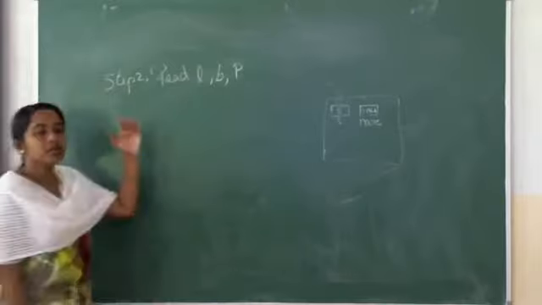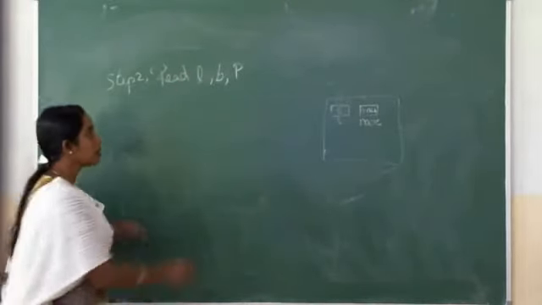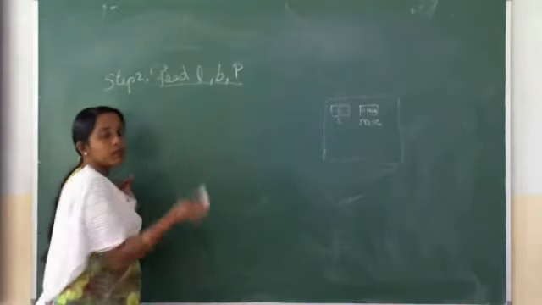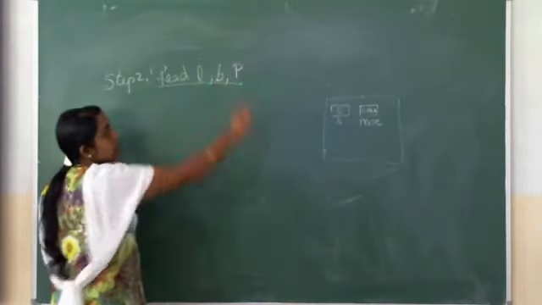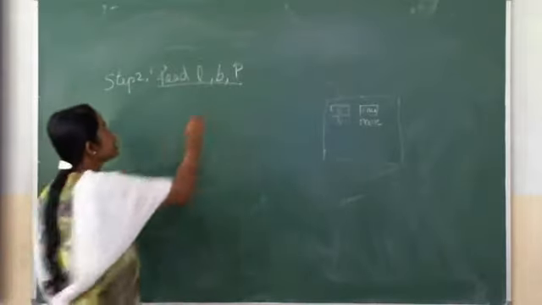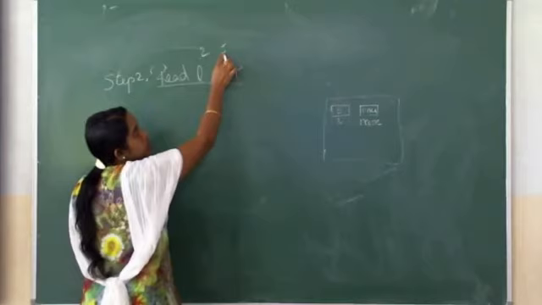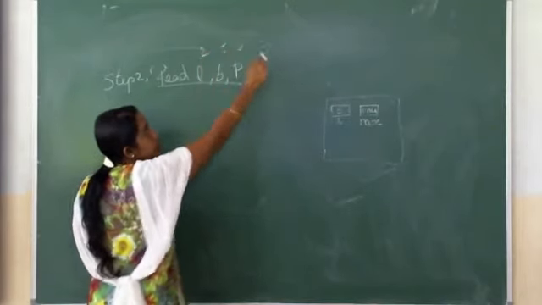So if you are converting this algorithm into a program, we have to write, first of all, declare. This step you should write in a programming language, that is L B P. Whether L is an integer type or floating type: if the values are like 2, 5, it's an integer value, and the final product also will be an integer value.